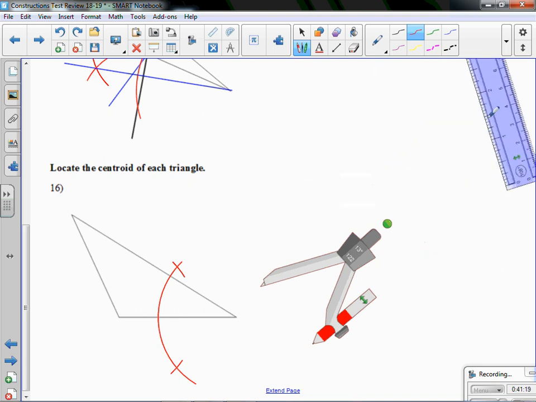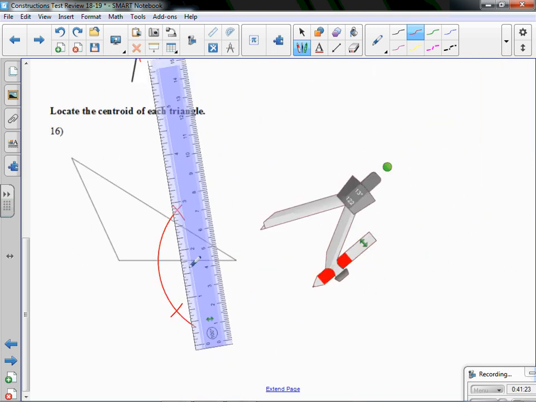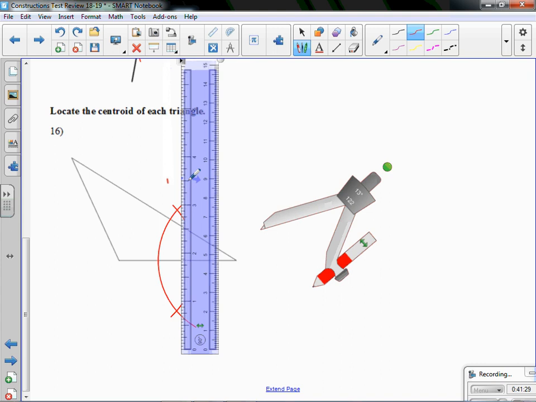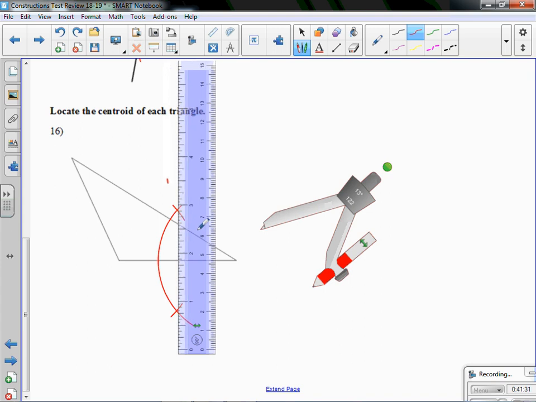And we're going to take our straight edge, line it up with those two intersecting points, and mark off where that perpendicular bisector would intersect this side of the triangle right there. That should be the midpoint of that side.